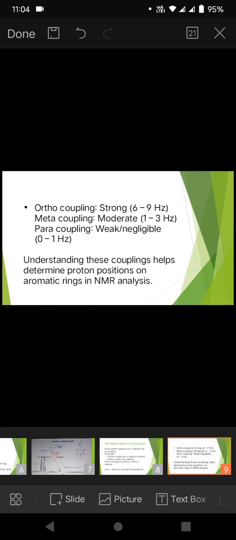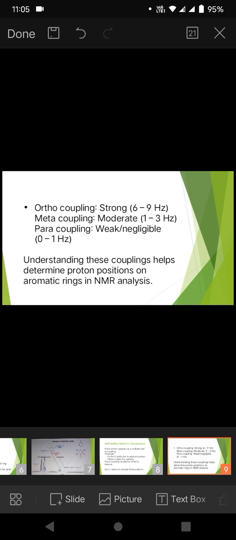In the last slide of my lecture, I mention which coupling is the strongest one and which gives a clearer spectrum in NMR. The first one is ortho coupling, which is the strongest one with a J value of 6 to 9 Hz.